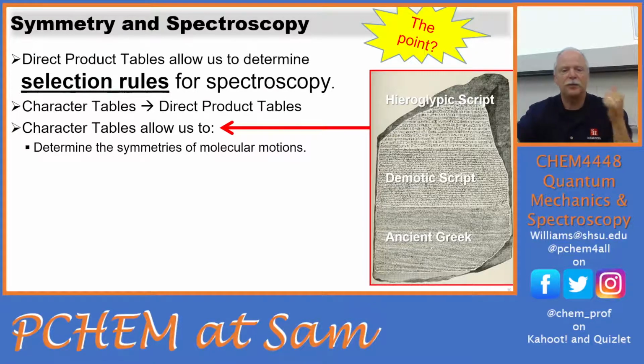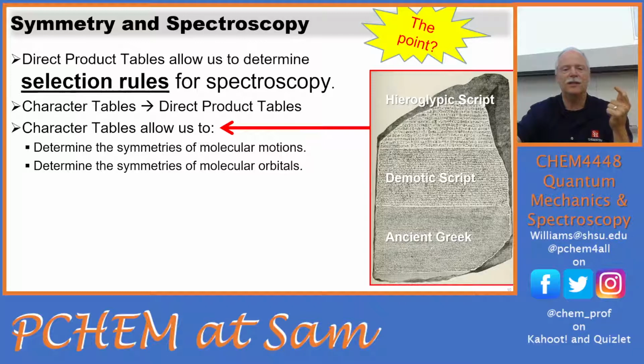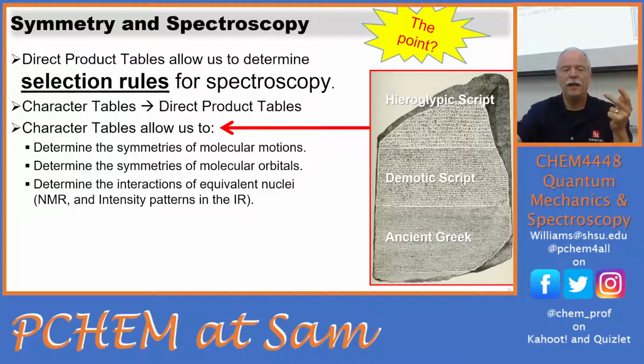So this is the symmetries of molecular motions. Those would be the arrows. They help us determine the symmetries of molecular orbitals. And they help us determine the interactions of equivalent nuclei. So this applies to infrared spectroscopy through the molecular motions, and UV, X-ray, and visible spectroscopy through the molecular orbitals.